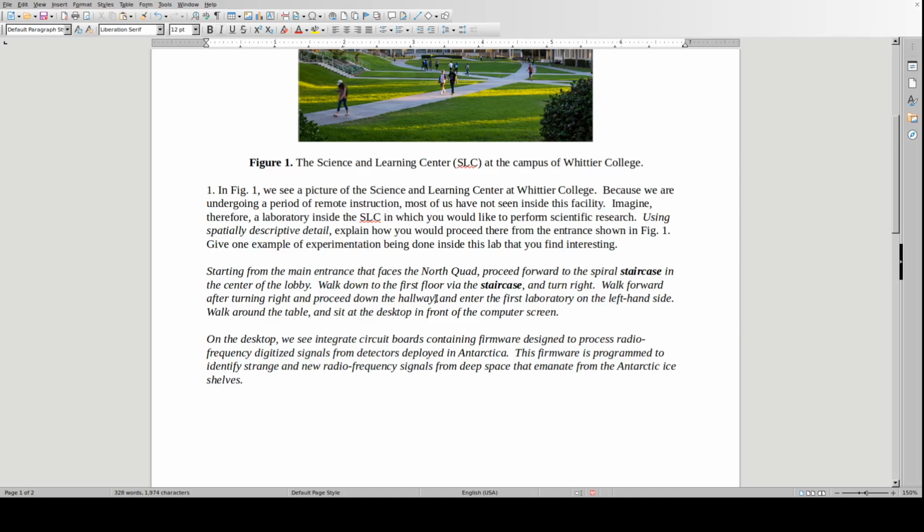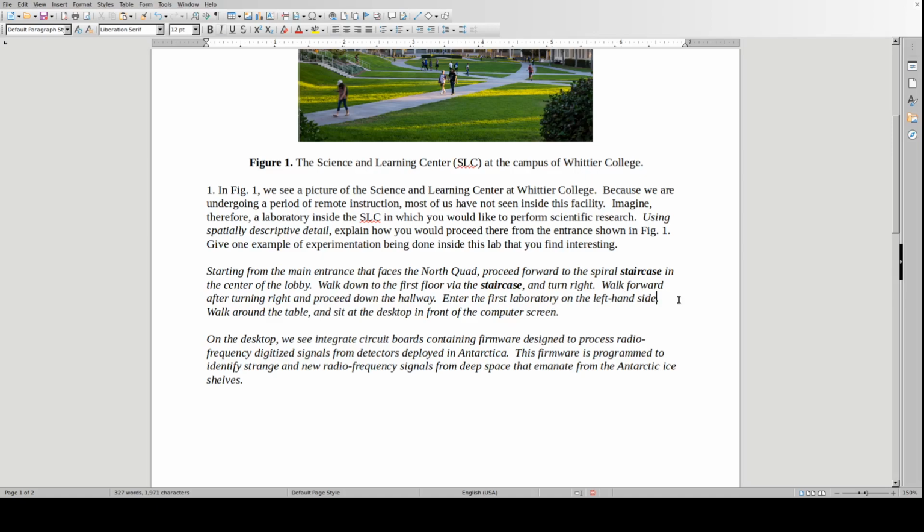Now I've added some words to this sentence, and so this comma might be in trouble. Perhaps I will consider splitting the sentence like this. Walk forward after turning right and proceed down the hallway, period, and then just capitalizing enter and changing that to a direction, like enter the first laboratory on the left-hand side.